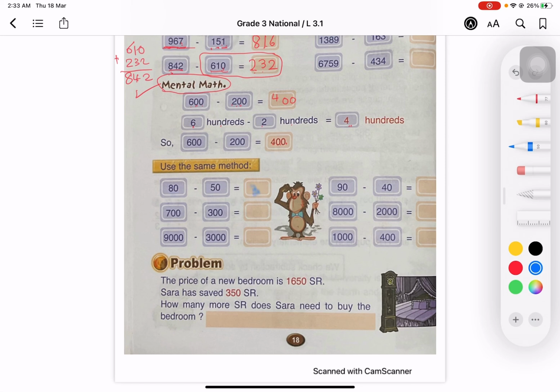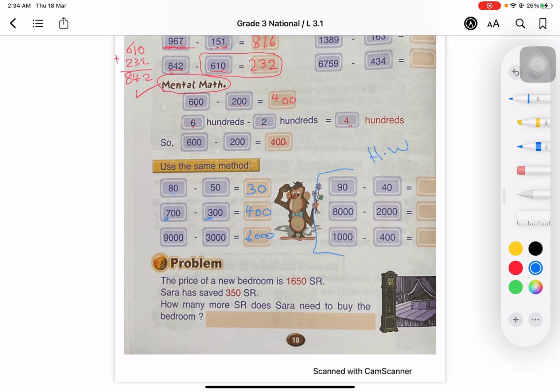We drop the 0, 30. Now, 700 minus 300, it's 400. Drop 2 zeros. Now 9 minus 3, it's 6. Drop 3 zeros. Okay? Now you are going to do this as homework.